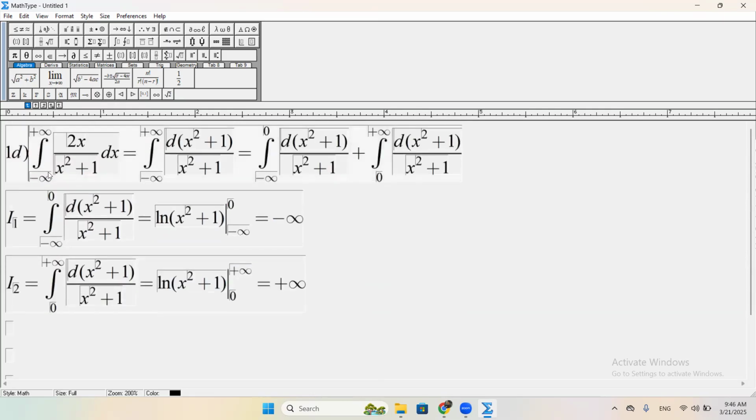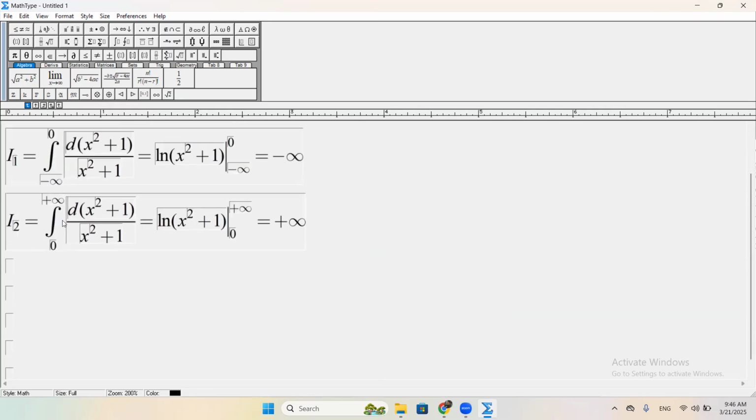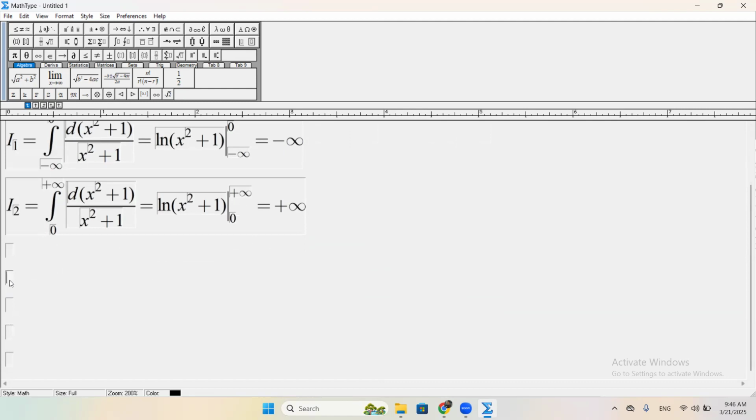So this integral I is the sum of I1 plus I2.